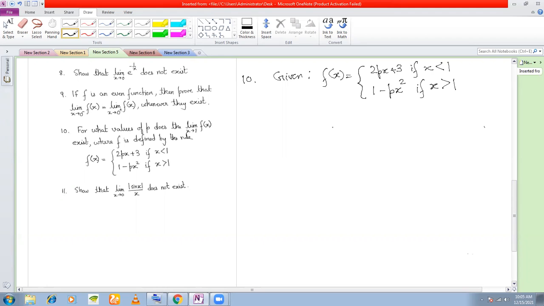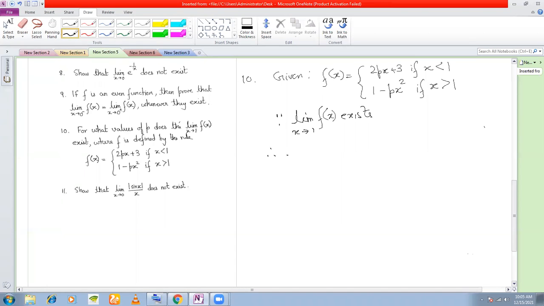Okay. Now it is asked from you to find out the values of p such that the limit as x tends to 1 exists. Okay. So I assume let the limit as x tends to 1 exist, and even if you don't assume, actually it's given here that the limit as x tends to 1 exists. So we write, since the limit as x tends to 1 exists, f of x exists.